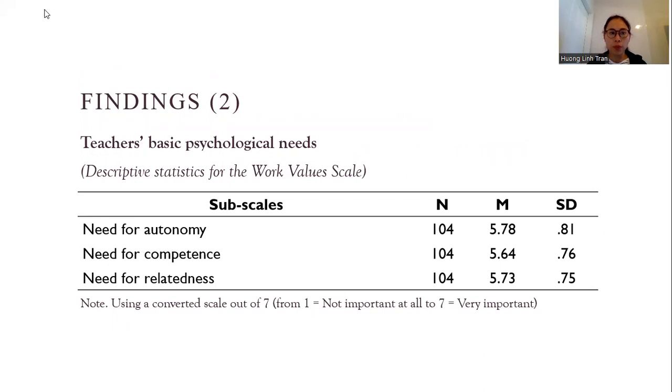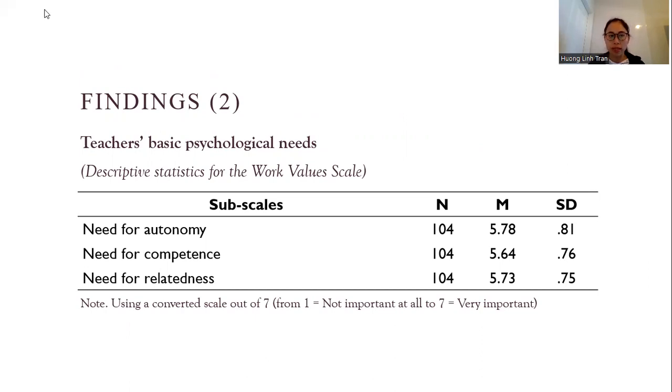Regarding teachers' basic psychological needs, the study found that teachers reported a high level of need for autonomy and a similarly high level of need for relatedness, but still lower than autonomy.